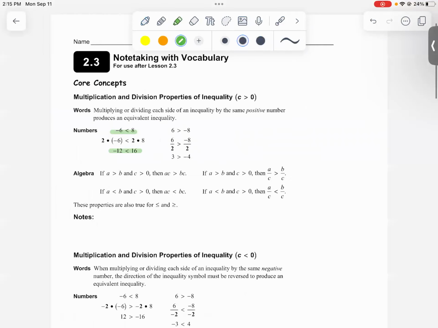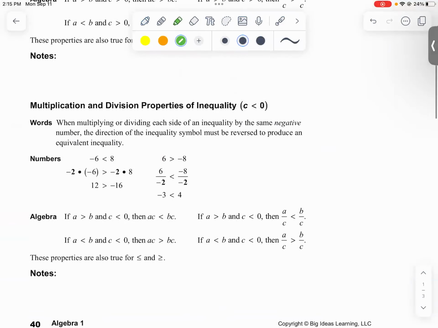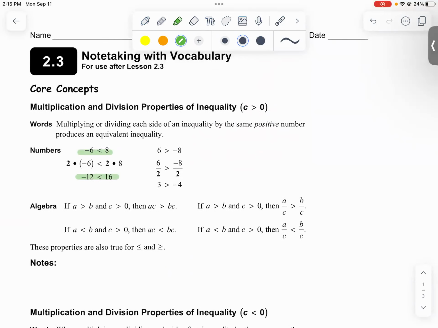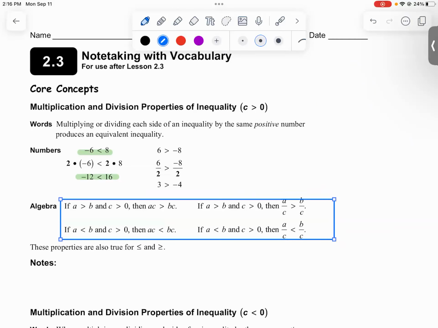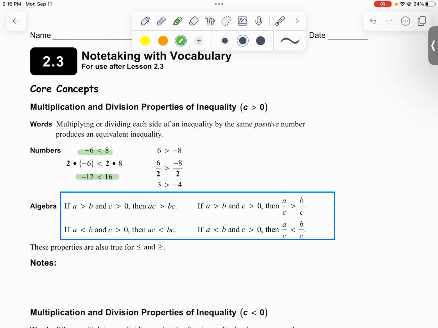What page are we on? 40. Okay. Also, we can divide by the same number to both sides and be cool, as long as it's positive. We're going to talk about when it's not positive tomorrow.